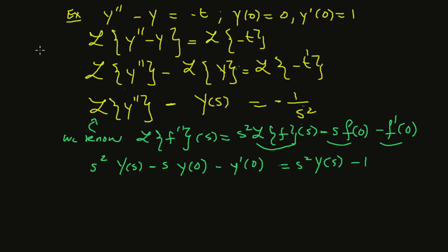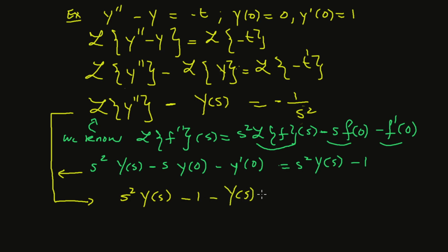So now let's put this back into the equation. We get s squared times capital Y of s minus 1, minus the capital Y that we already have there, minus 1 over s squared.